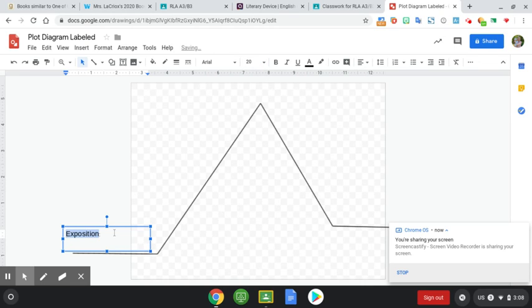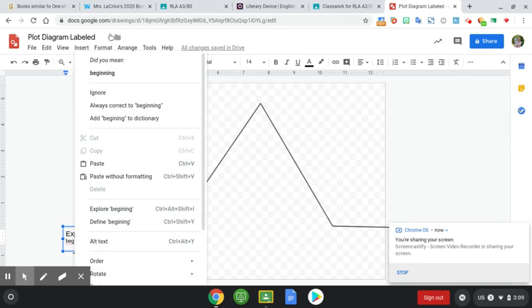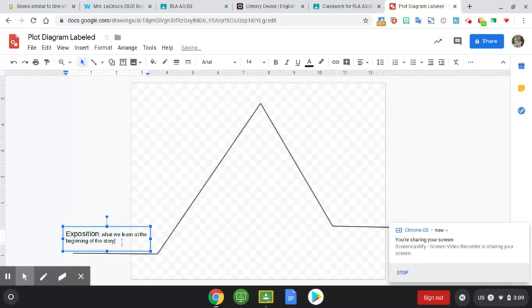And remember, exposition is what we learn at the beginning of the story. So any information, and look at me, I can't spell. Any information we learn at the beginning of the story, such as characters, setting, any background info that we think is important to the story.